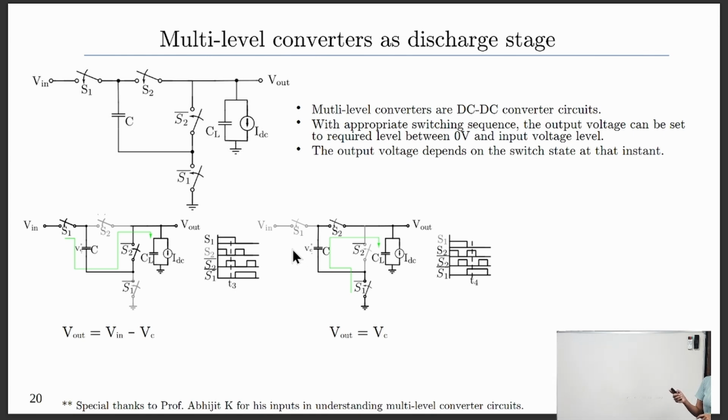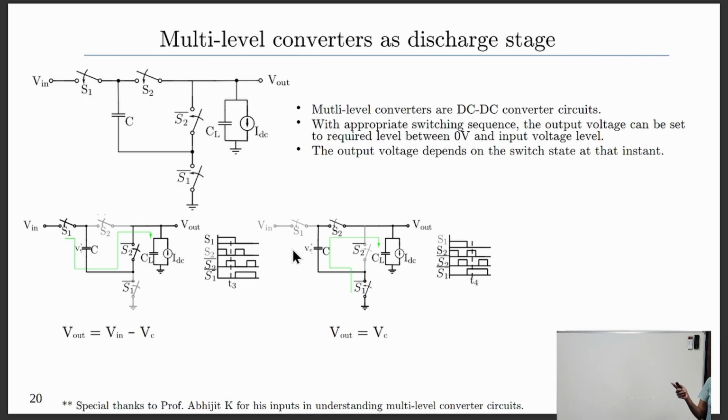here we have shown the other. If we choose a switching sequence where S1 is on 50% of the time, then the green path shown is the path from input to output, and Vout is equal to Vin minus the charge of the capacitor.